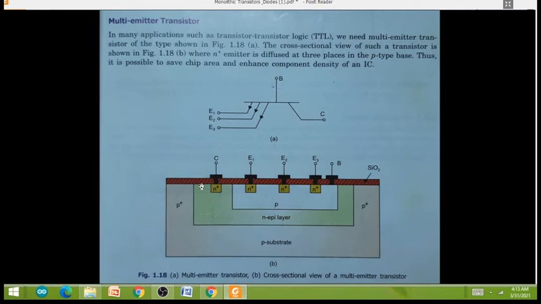Only the mask needs to be modified, otherwise everything remains the same. E1, E2, E3 are diffused as N plus emitters, so all the N plus regions also have the same ohmic contact, and you can have a very stable outcome for each pair of resistor and transistor.